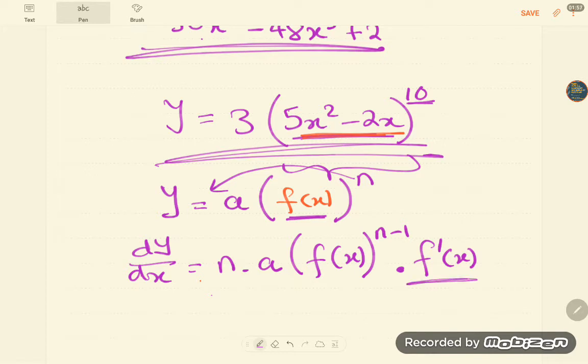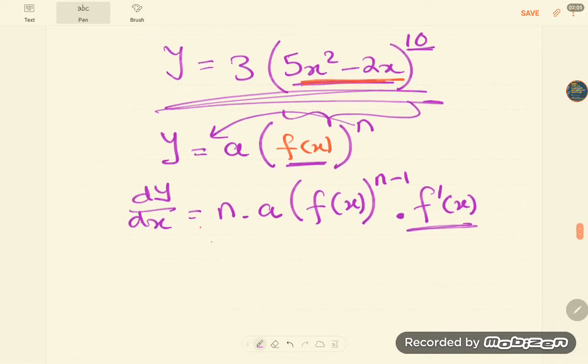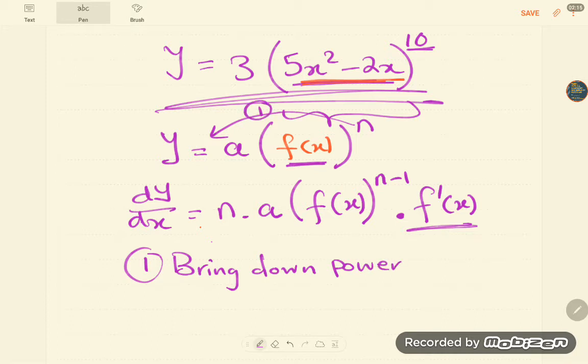So the only adjustment, in other words, instead of having 2 steps in your procedure, you now have 3 steps. The first step is bring down power. Notice how I'm not really saying the statement in full because I need it to be easy for you to remember. So bring down power. That's the first one, which is what we did there.